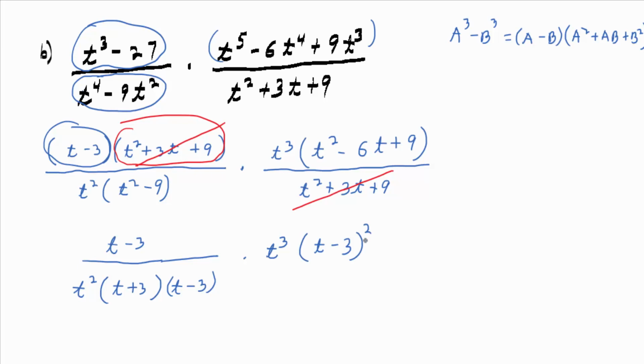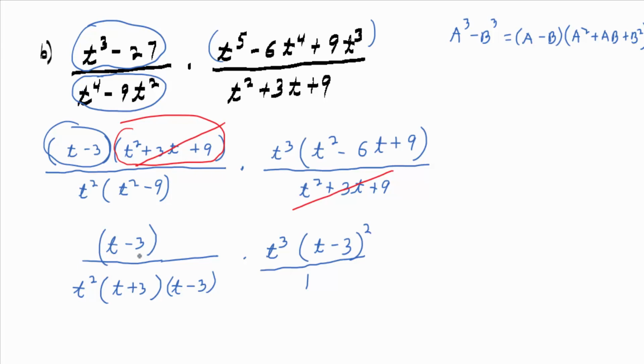You could reverse FOIL that and you get t minus 3 times t minus 3, which is t minus 3 squared. But I already divided out that denominator, so really you could put in a 1. You don't need to. I divided out that trinomial in the last step. And likewise, that's why I lost my parentheses around the t minus 3. I didn't need them anymore.